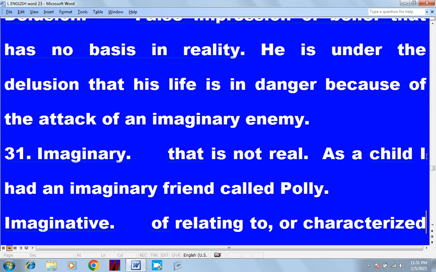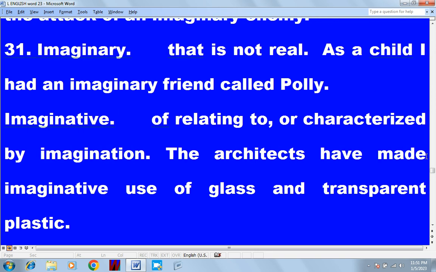Imaginary: that is not real. As a child, I had an imaginary friend called Polly. Imaginative: relating to or characterized by imagination. The architects have made imaginative use of glass and transparent plastics.